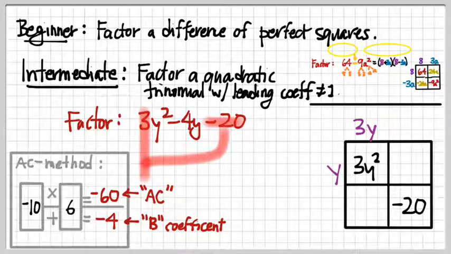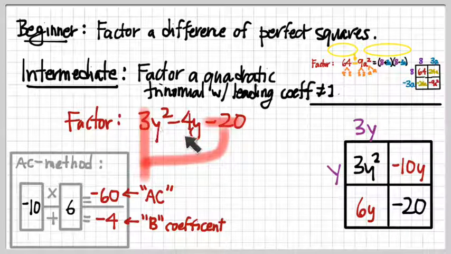The first reason is that if I were to add up all the terms in my factoring grid now, I would indeed get back 3y squared minus 4y minus 20. So what this game has let us discover is how to split apart this middle term in a way that's actually going to work for the rest of our factorization. And you'll see why the other reason works in just a minute.